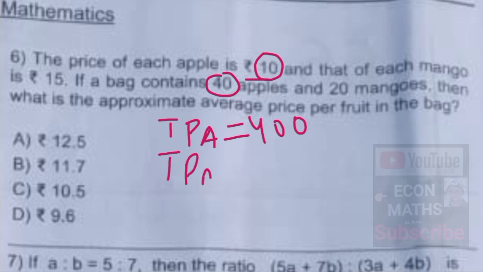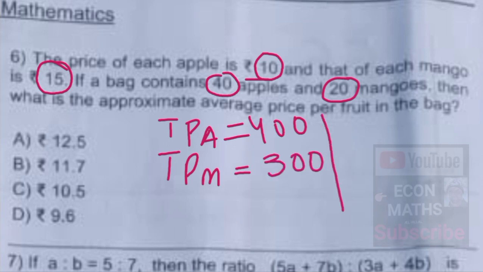So total price of apples would be 400. Also total price of mangoes would be, so we have 20 mangoes and price is 15, this is 300. So total price is equal to 700.